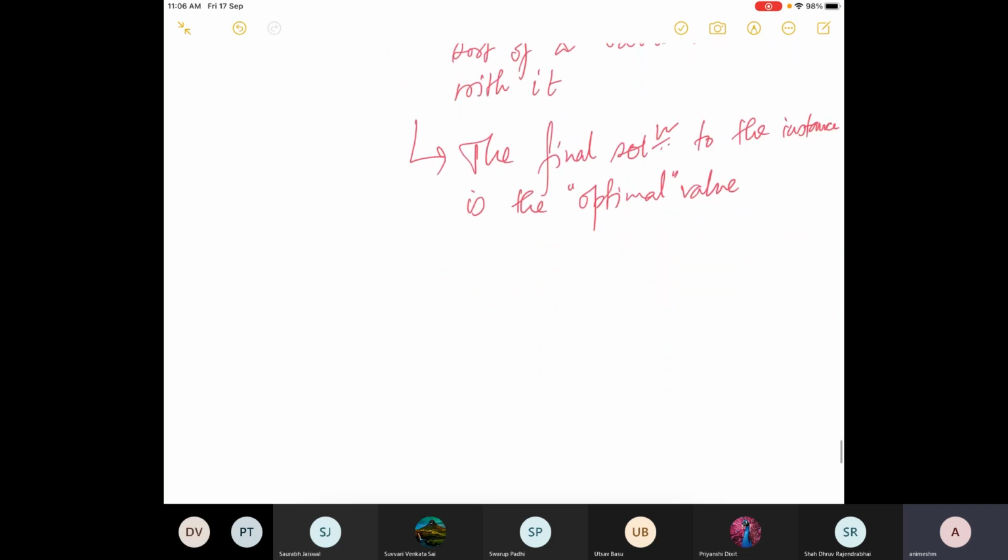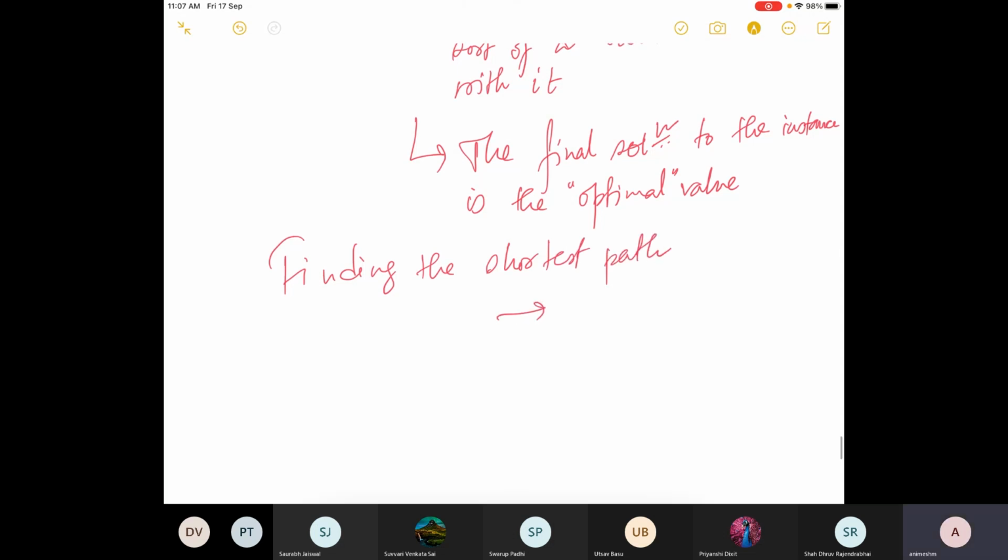Now, if we try to think of finding the shortest path as an optimization problem, so what will be the clauses here?